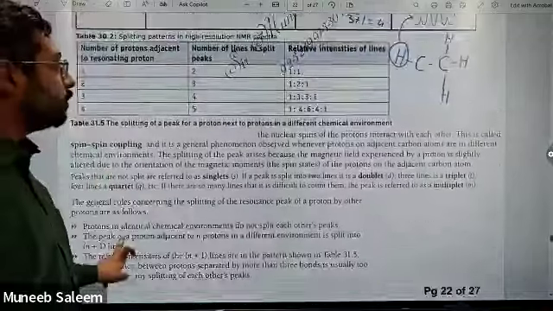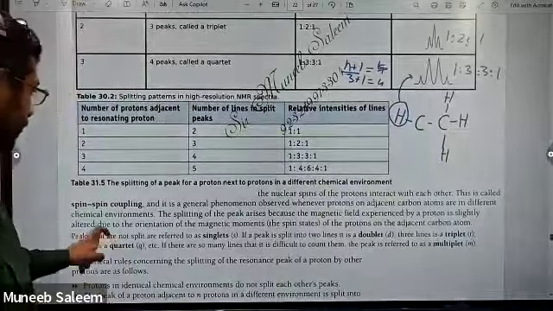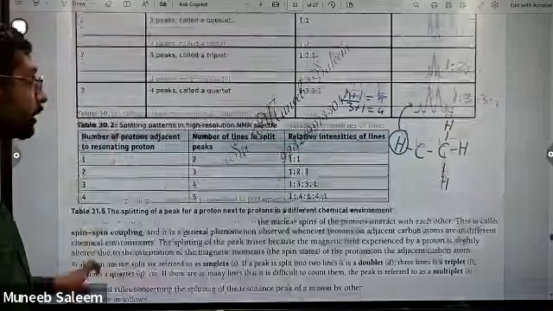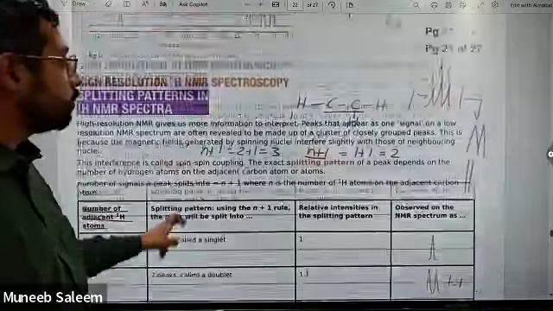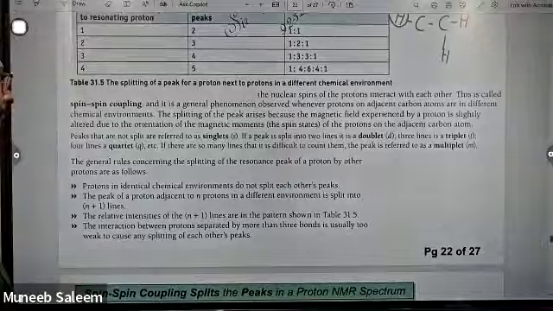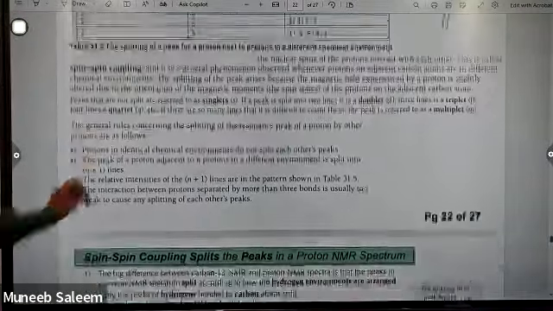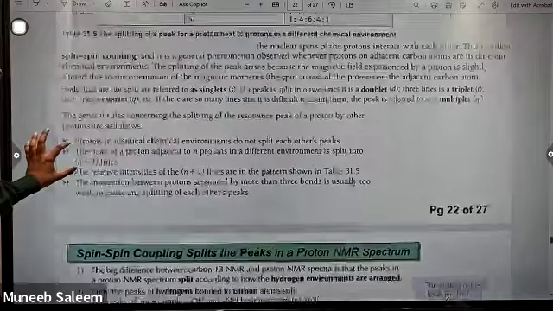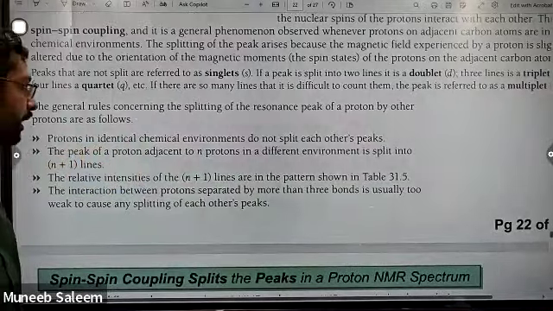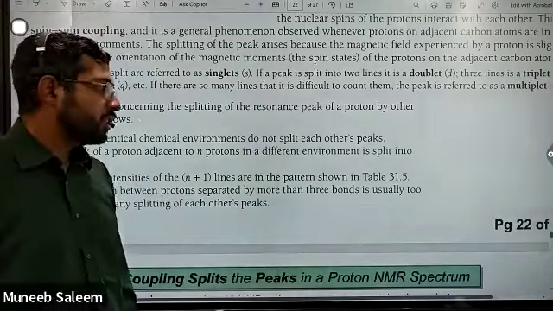So this splitting is caused by the spin-spin coupling. You will have this spin-spin coupling, which will result in the splitting of the peaks. But some rules must be followed here. The protons in identical chemical environments do not split each other's peaks.